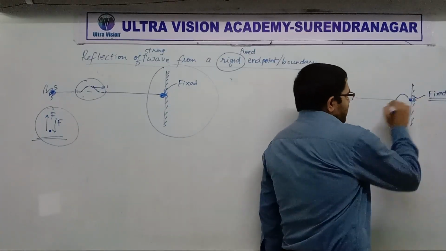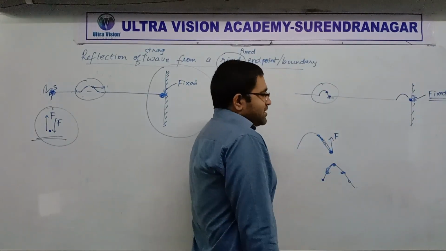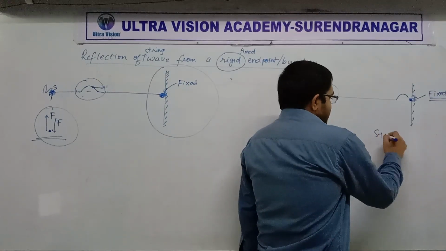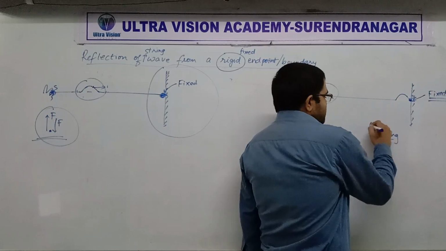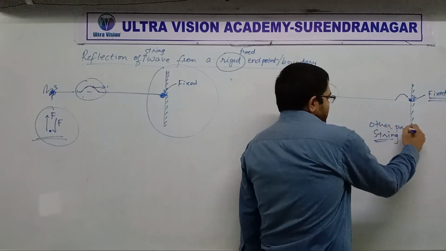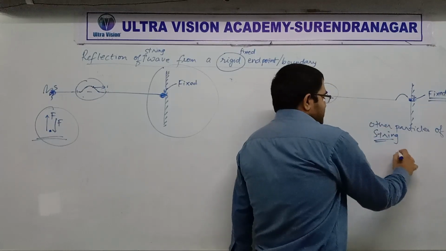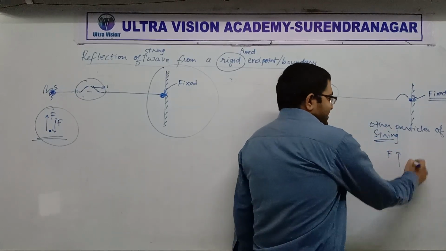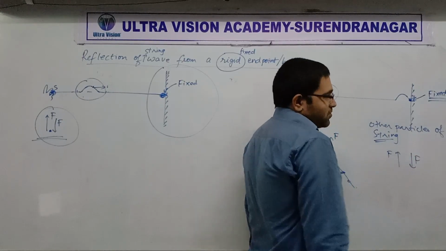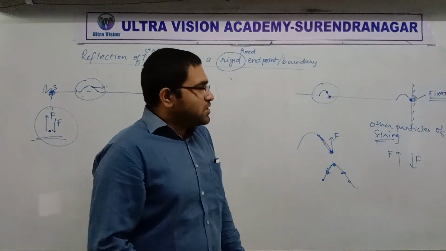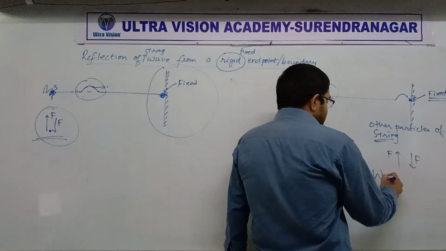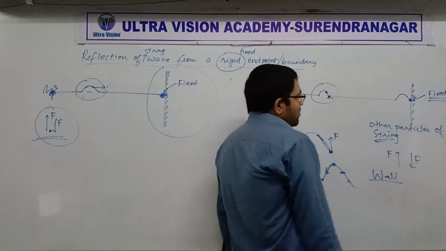for this last particle, what will the string do? That is, what will other particles of the string do to that particle? They first pull it up and they pull it down later. So what should the wall do?